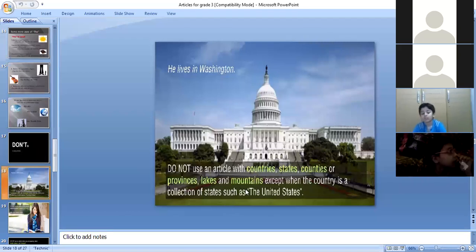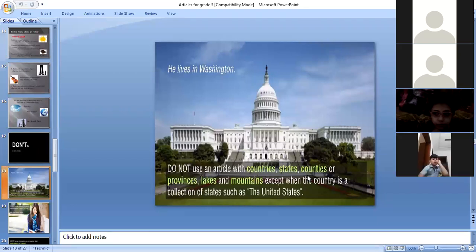So when you say I live in the Pakistan, it is wrong. We never put the before the names of cities, provinces, countries. But when the country is a collection of states, unions, then we write the United States, as this country is a collection of states.